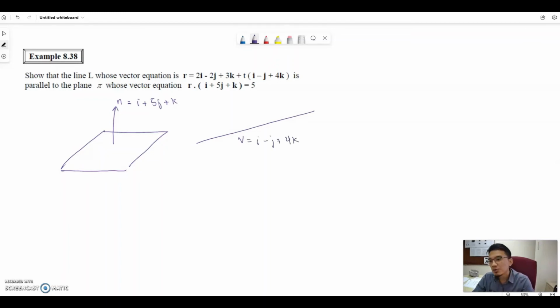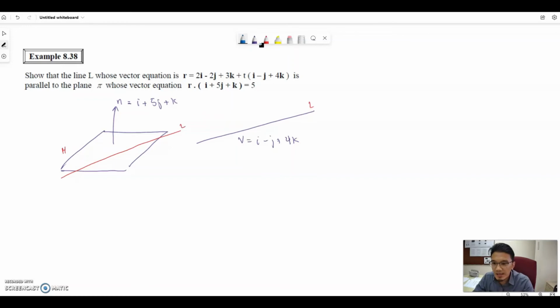Okay, we have to show that the line L and the plane pi are actually parallel to each other. When the line L is parallel to the plane, it means the line L lies parallel to the surface of the plane pi.